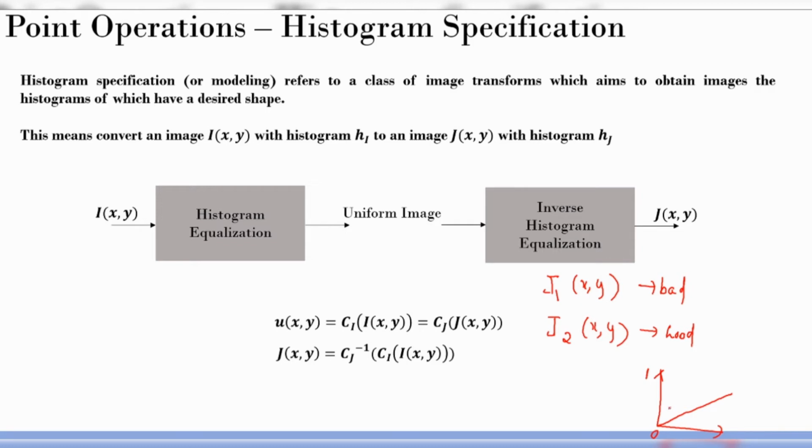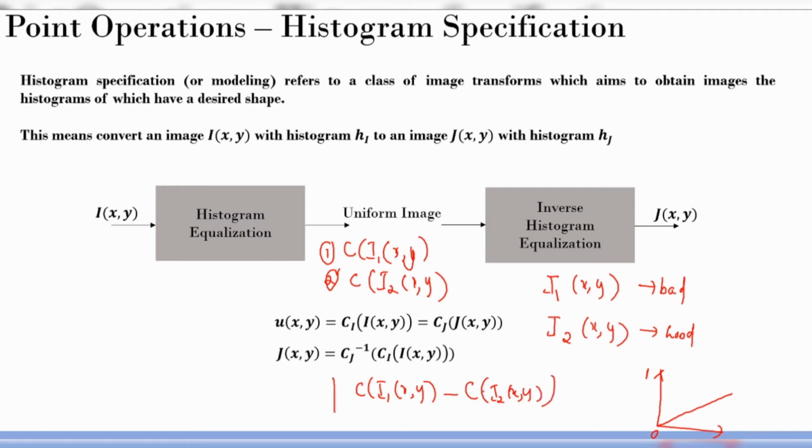So how shall I go about it? The first step in this case is to find out this guy, exactly that. So I have the C of I1 of xy, and C of I2 of xy, and then I find an error between them, C of I1 of xy minus C of I2 of xy.